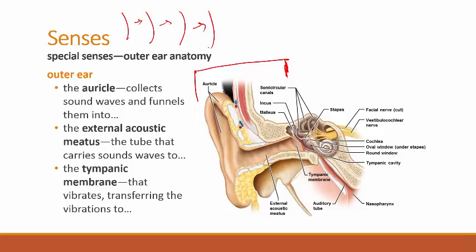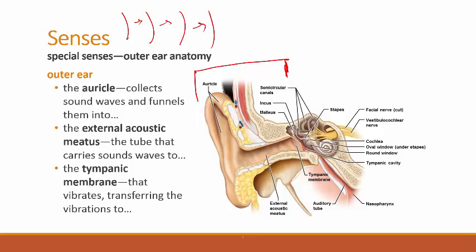You can increase the effectiveness of the auricle by cupping your hands behind your ear, which gathers even more sound waves and funnels them down the external acoustic meatus. Hopefully you learned that term.